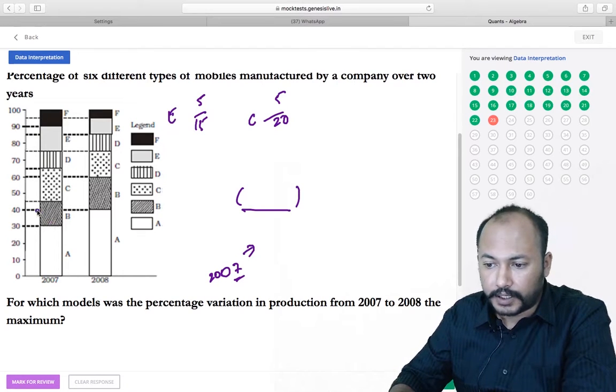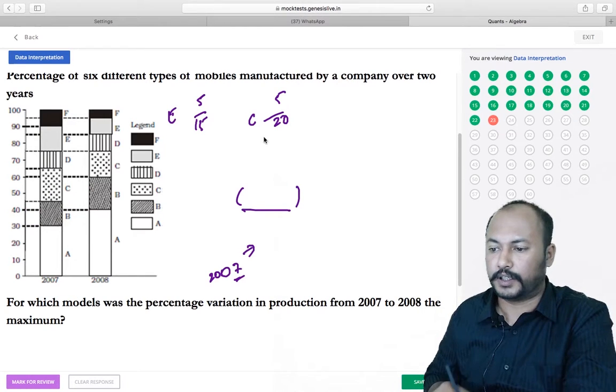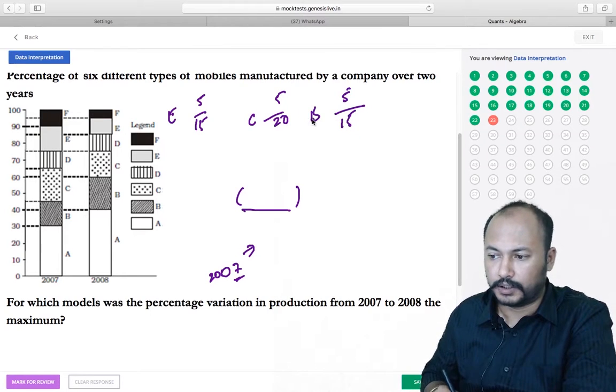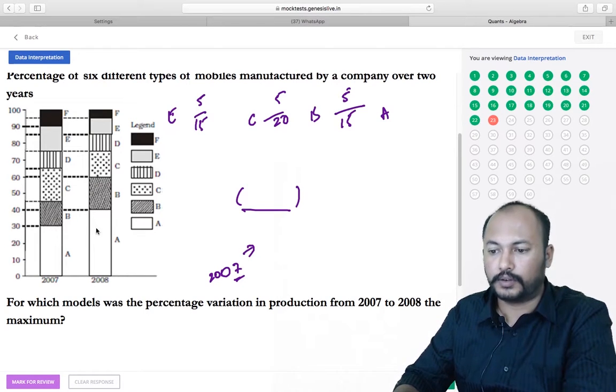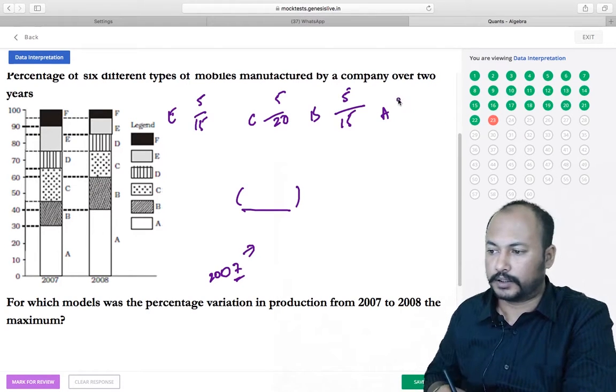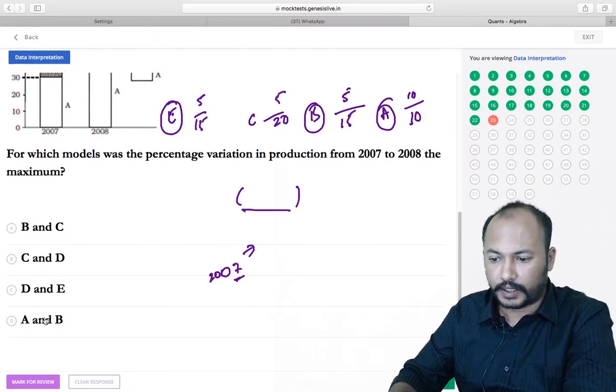Then B, it is 15 and then 40 to 60, that is 20. So 5 by 15, which is same as E. This is B. And then A is 30 and then 40, that is 10 by 30, which is the same. So A, B, E. Look at the options.